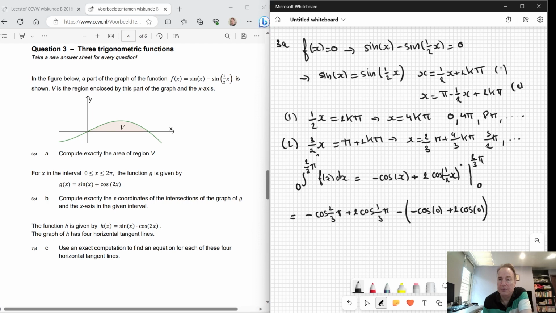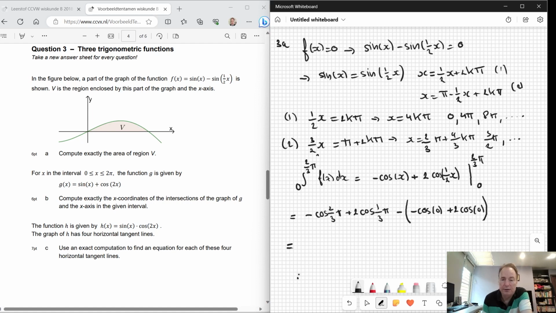Let's just double check everything. So the minus goes in 2/3, the 2 times the cosine of 1/3 pi. Now we substitute here. Okay. What is the cosine of 2/3 of pi?